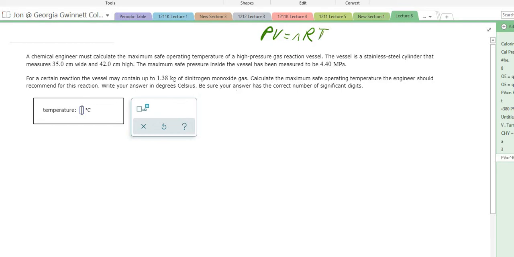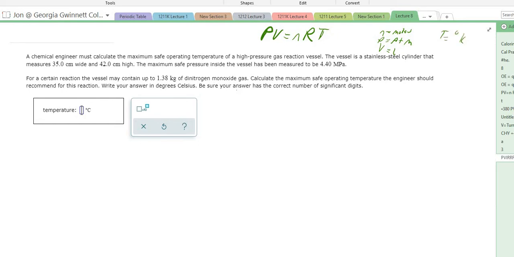It's important to remember what units we need for the gas constant. n is in moles, pressure is going to be in atmospheres, volume has to be in liters, and temperature has to be in degrees Kelvin.